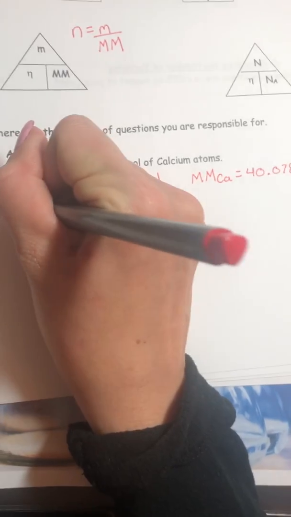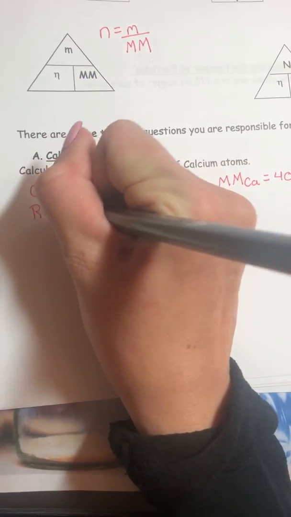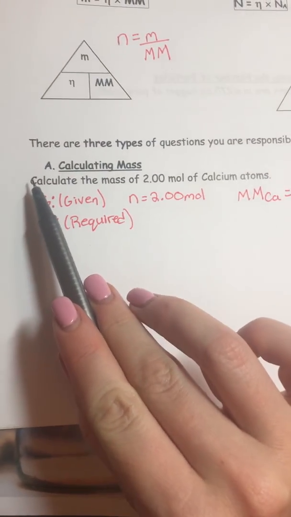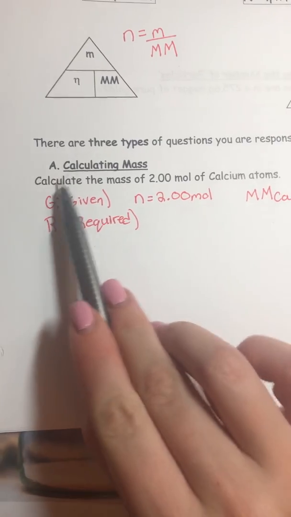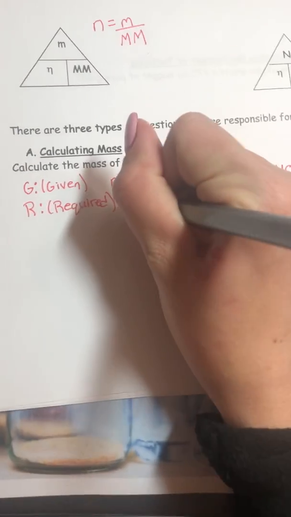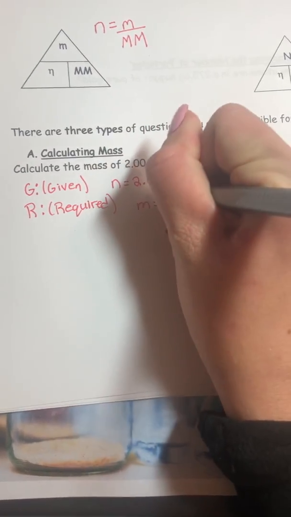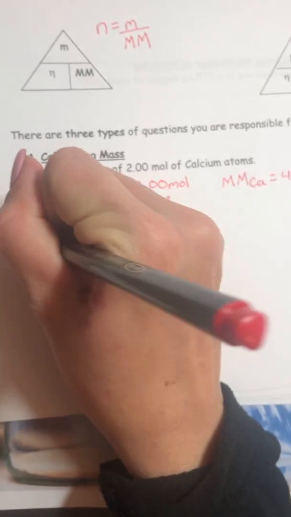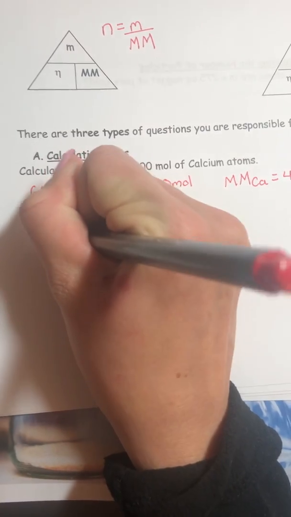Okay, what are we required to find now? It's usually in the first couple of words what you're trying to find. So, calculate the mass. That means we're trying to find out what mass is, so I'm going to write m question mark. Then we have E, the equation that we use.